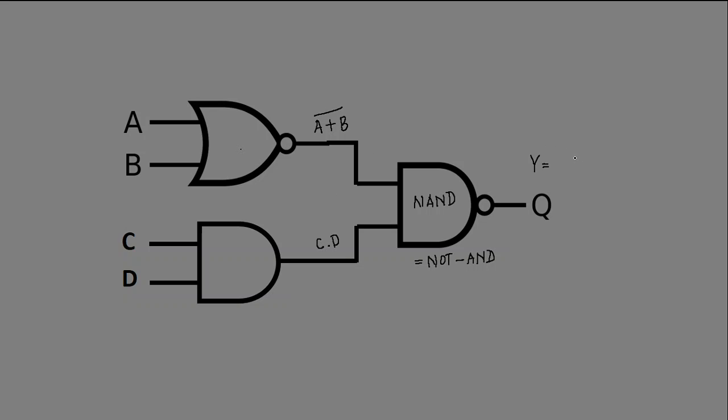The first input is the complement of A plus B. And since it's an input to the AND gate, I am writing down two brackets. Then dot, because of AND gate terminology. In the second bracket, I am going to write C dot D.